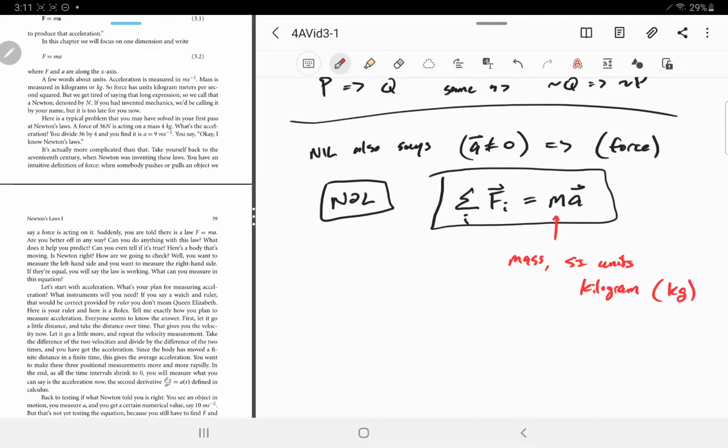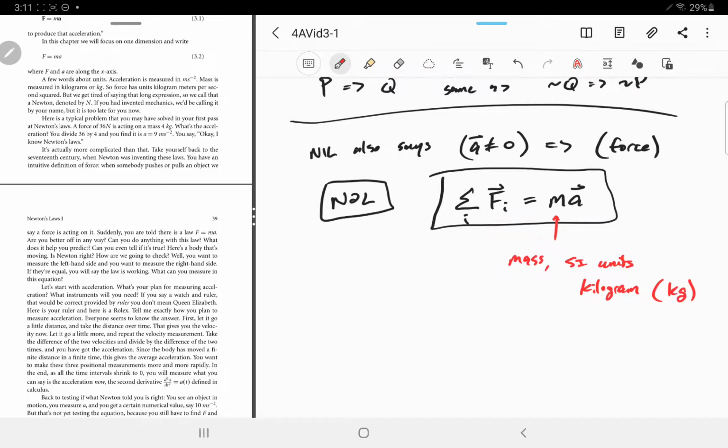Once someone defines a kilogram for you, this will help you define what a newton is. Given the mass, you give a certain push or pull on this object and then measure its acceleration. What Newton's second law is saying is that the bigger the force, the quicker the object is going to accelerate, right?